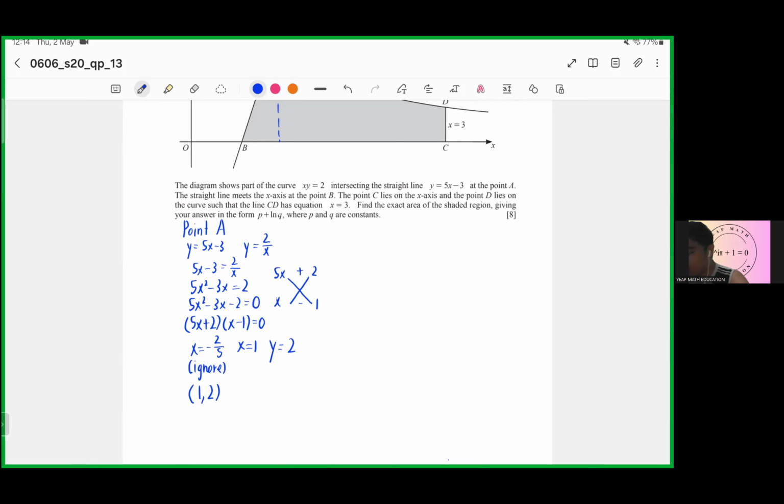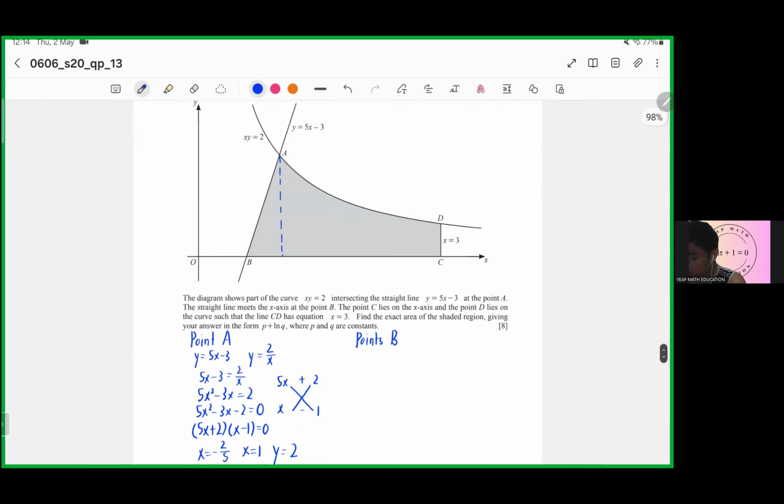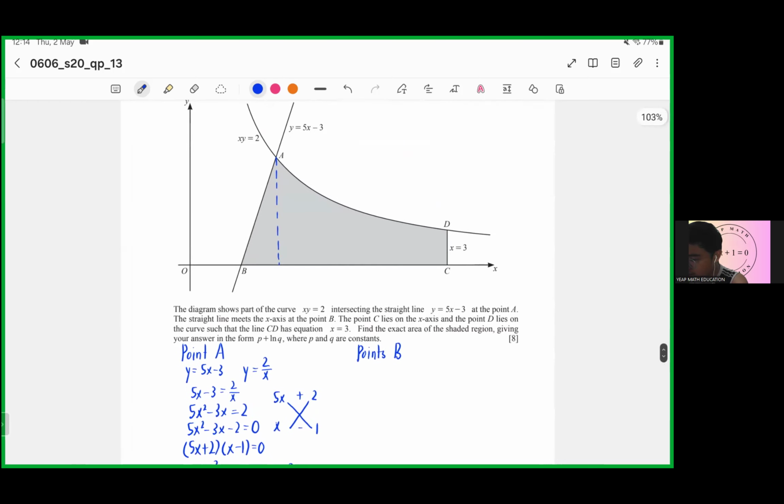Okay, now we look at point B. Okay, point B actually is very easy because it is just the x-intercept, so we can know 0 equals to 5x minus 3.